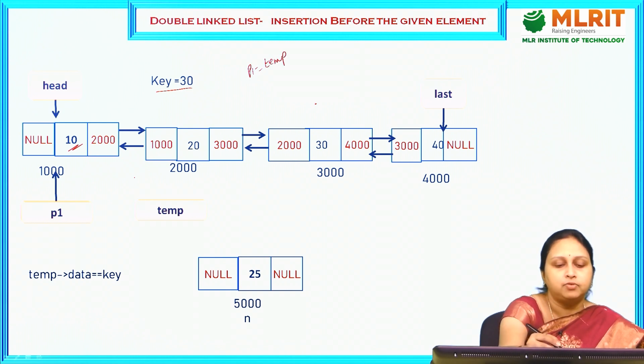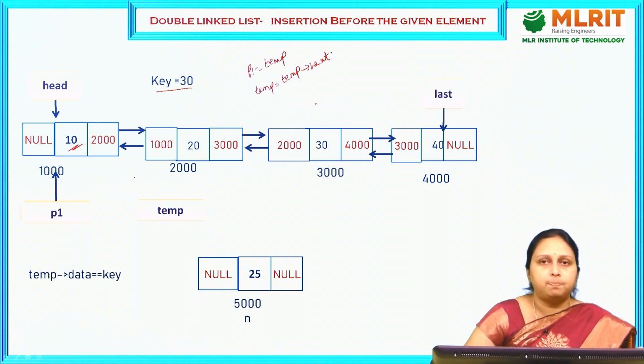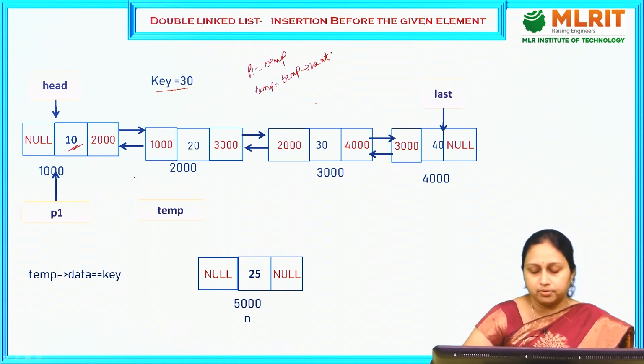Then we move temp equal to temp arrow next. In the previous case we didn't do this, we just moved the temp value and traversed through the list. But here, when we are moving temp to the next location, we are representing the previous node with a variable called P1, which is going to be stored.